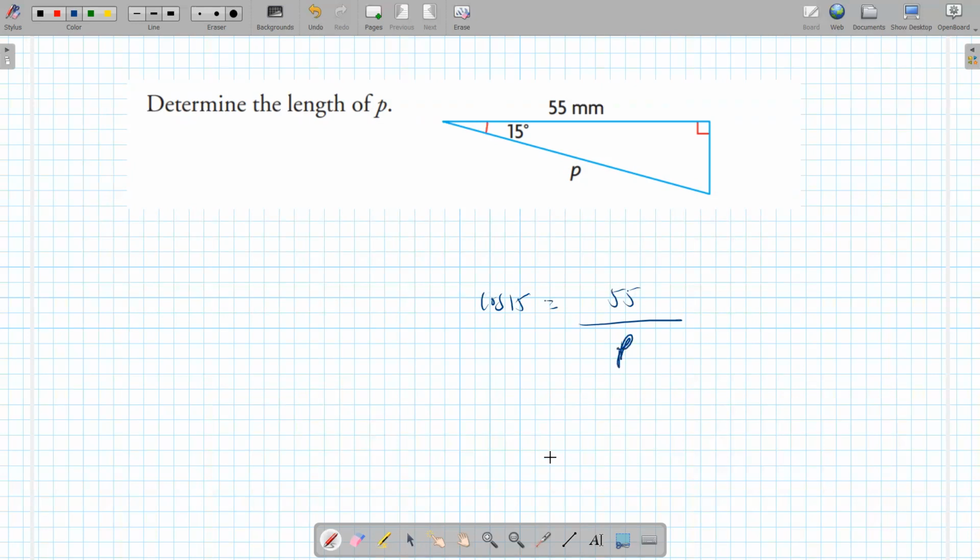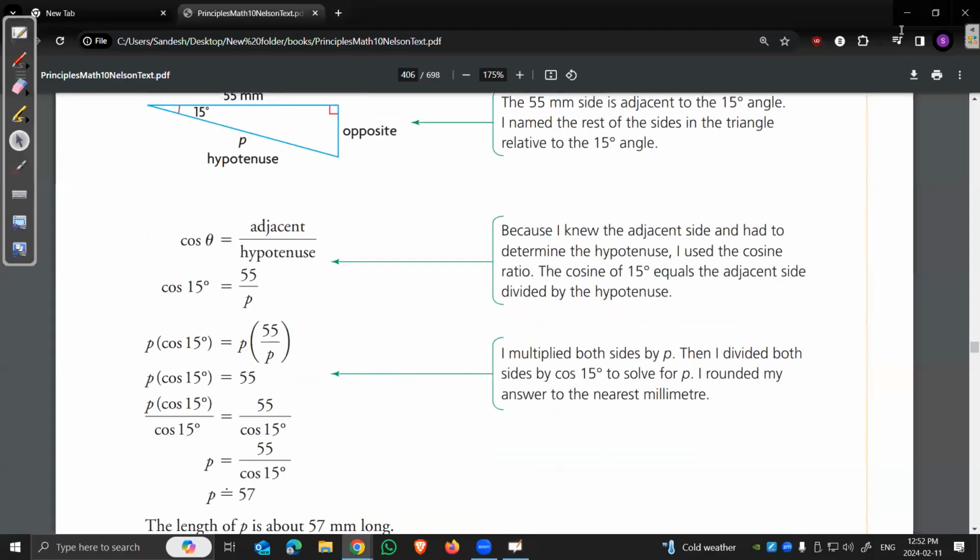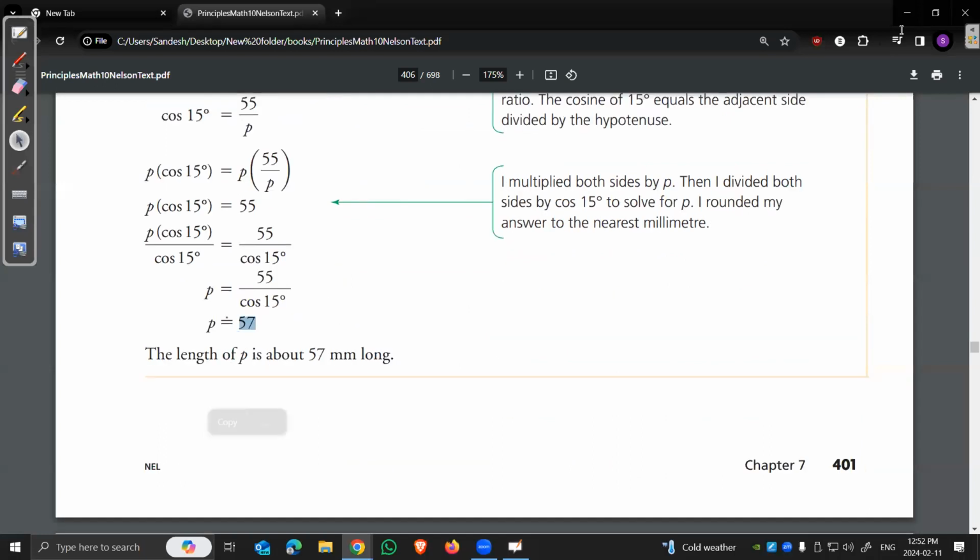How do you solve for p here? You multiply by p. Good. You're going to multiply both sides by p. So this p and this p is gone. And then you divide both sides by cosine 15, right? And yeah, you plug that in, whatever that is. It's 57.